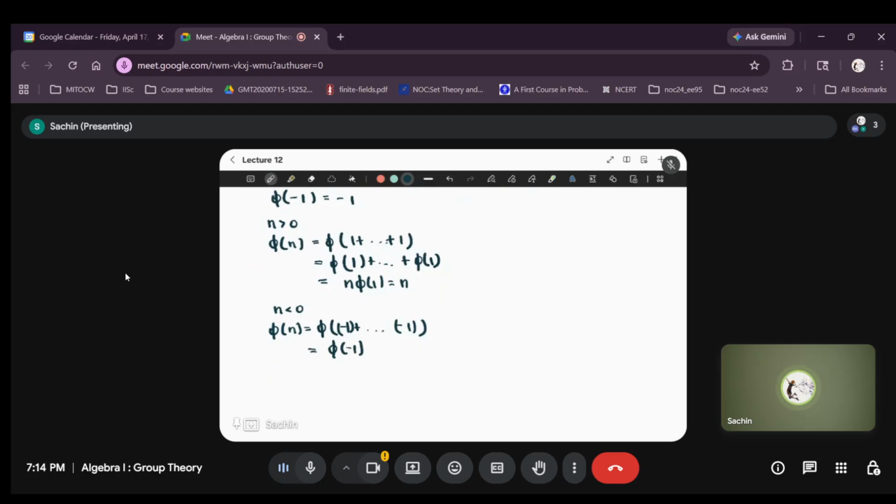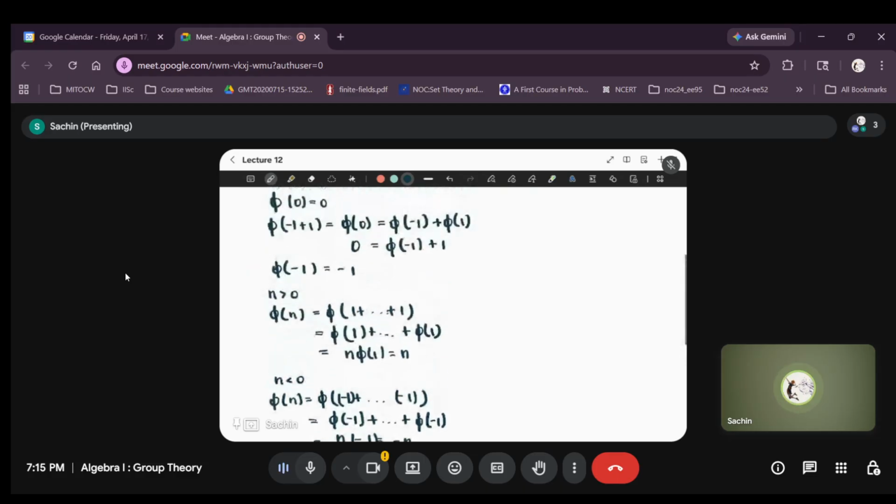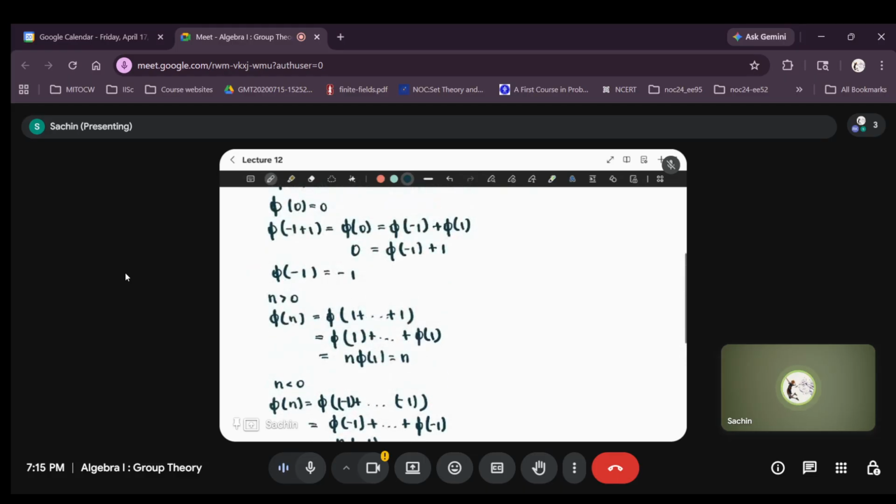This is equal to the sum of phi of minus 1, n terms. So that becomes n times minus 1, which is n. So there is exactly one homomorphism from the ring of integers to the ring of integers, and that is the identity homomorphism.